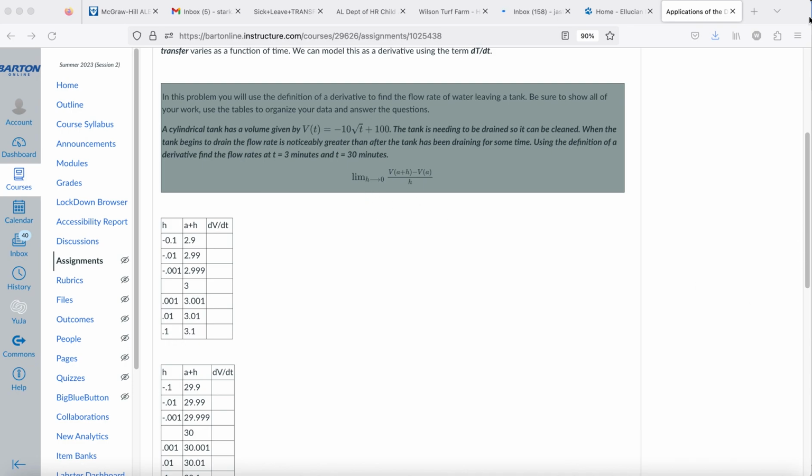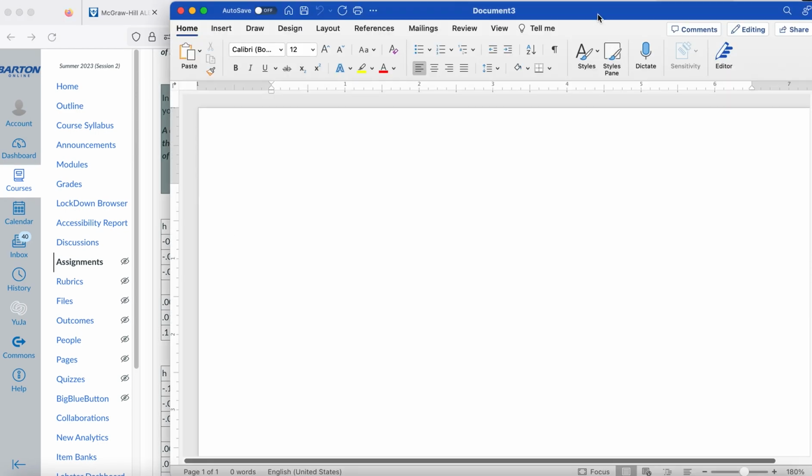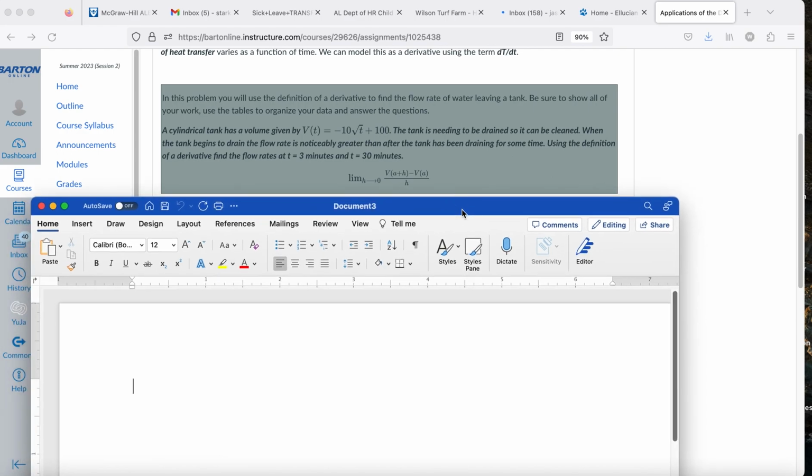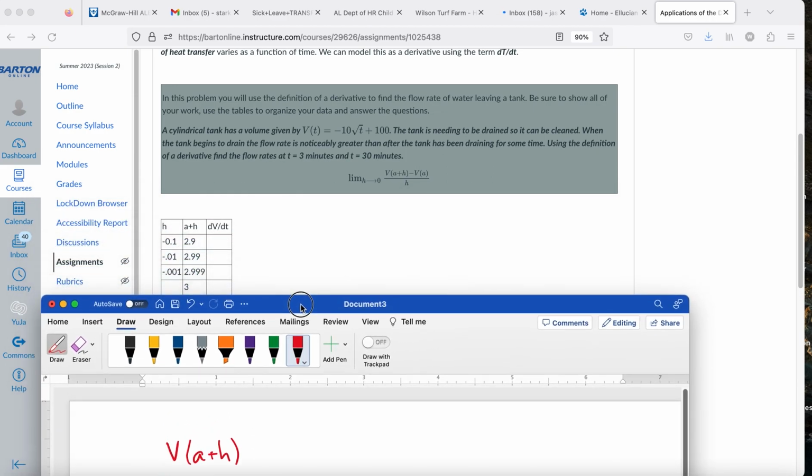Let me get you started and walk you through what we're looking at. In the limit definition, there are a couple of things. First, there's V of a plus h, and then also V of a. In our problem, the a value is going to be 3.